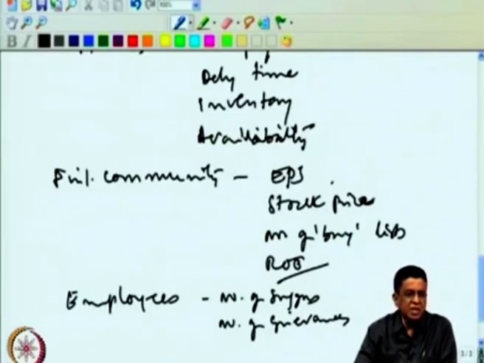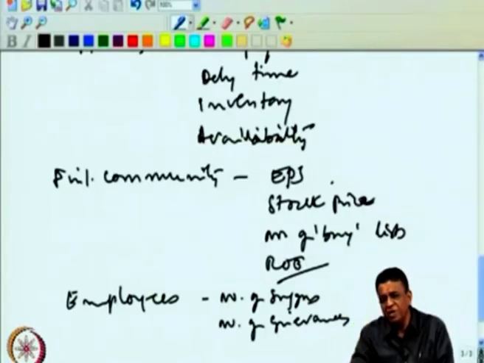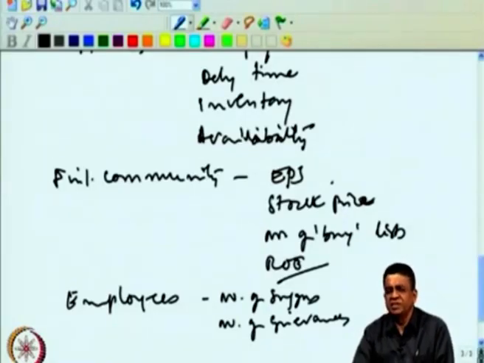Now, what is the long term measure? The long term measure could be the turnover rate of the employees, that is what you normally call attrition in the present software context. Many times they say, with respect to a software company, oh, the attrition rate in this particular company is very high.